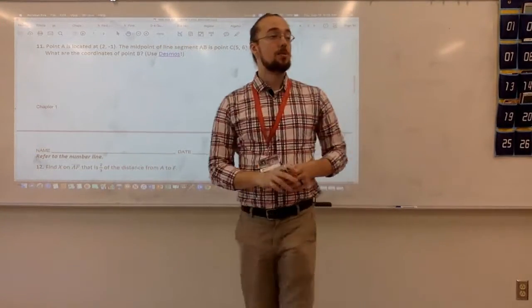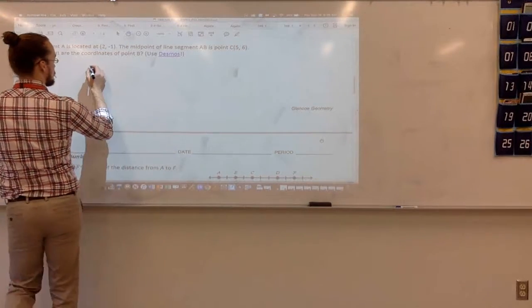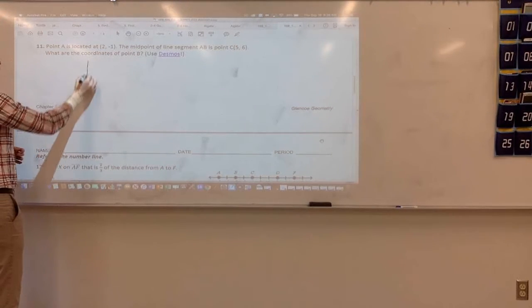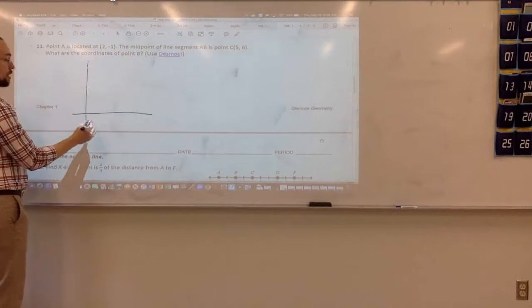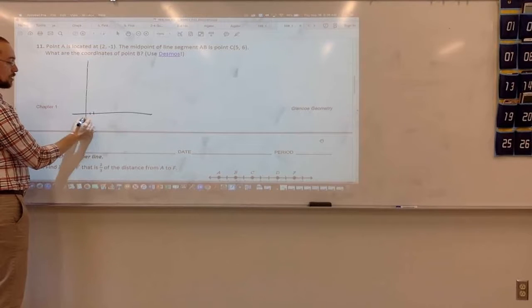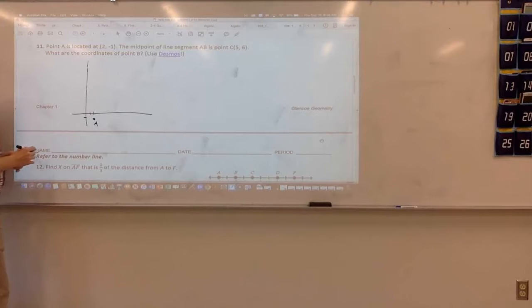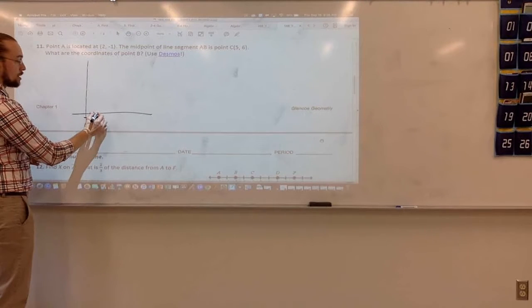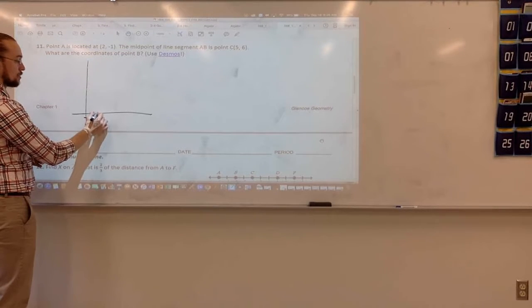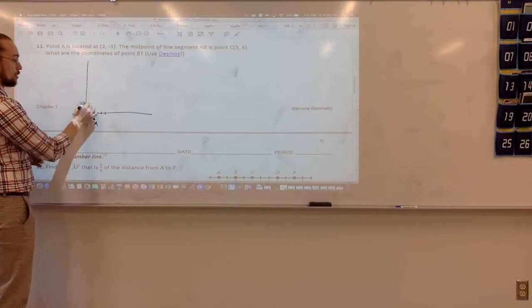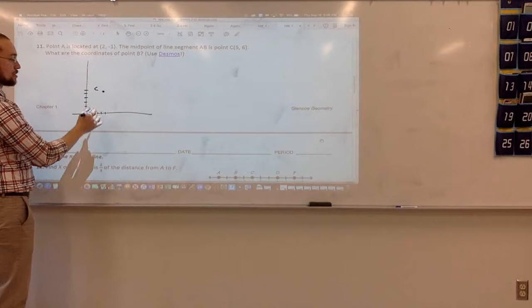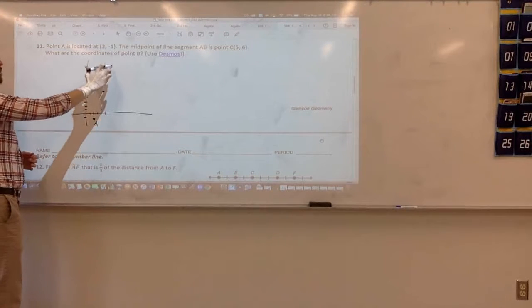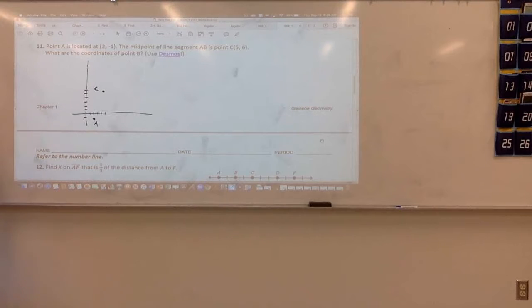I'm just going to draw out a graph here, but the idea is, we've got point A at 2, negative 1. So 2, negative 1 right here is point A. C, which I'm told is the midpoint, is at 5, 6. So here's my point. So endpoint, midpoint, my other endpoint is going to be up here somewhere.